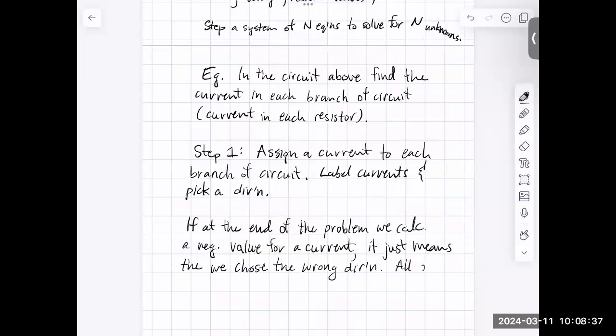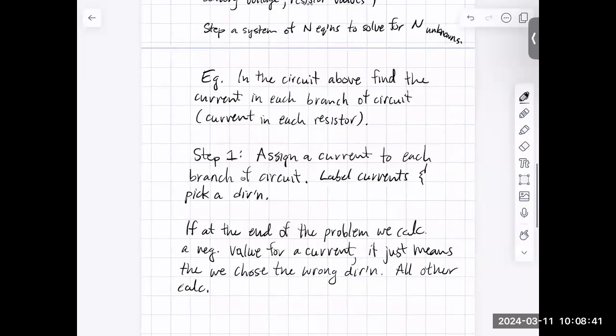So all other calculated quantities will be correct. Okay, so that means we don't have to redo any calculations. We just have to know that we happen to choose the wrong direction for our current. Okay, so before moving on to the other steps, let's just complete that first step.